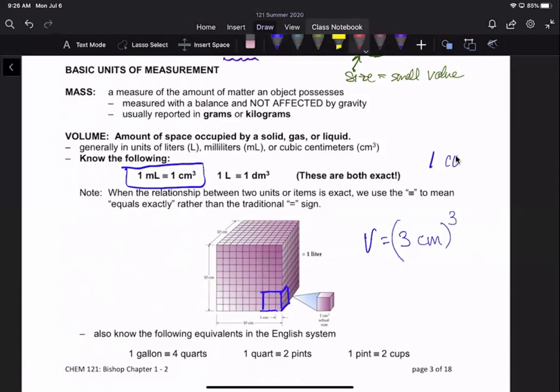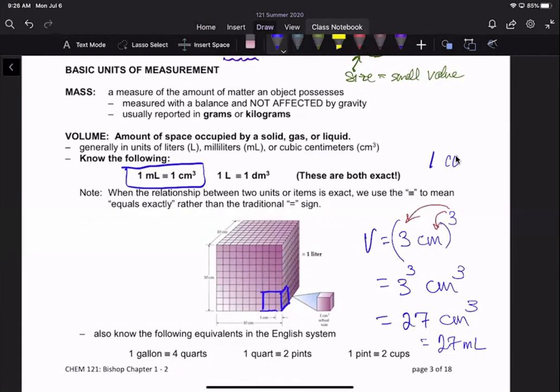Now when we do that, we need to distribute our exponent to the number and also to the units. So that is going to give us 3 cubed centimeters cubed, and that equals 27 centimeters cubed, or using that relationship, 27 milliliters.